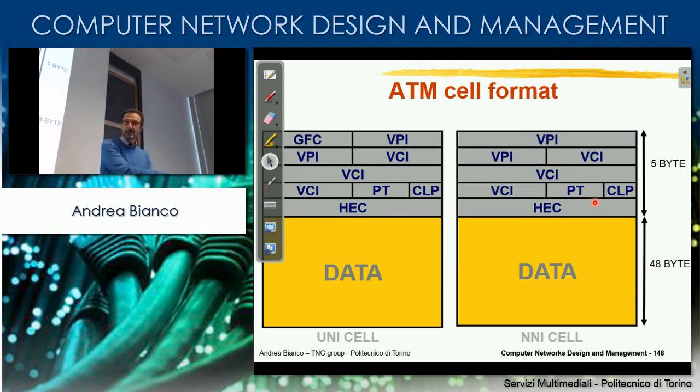There are slides which summarize the meaning of the various fields, of course. You can find the documentation. There is one field we have not described yet, which is the payload type. The payload type is there to allow you to distinguish between different types of cells within a virtual circuit. As I said, there are 3 types of cells: data, which are carrying user data; operation and maintenance, management of the virtual circuit.